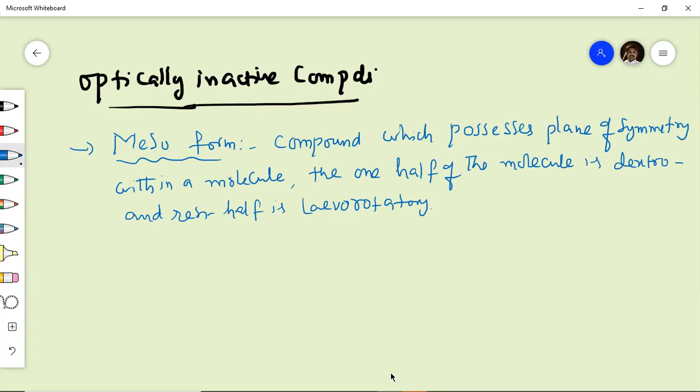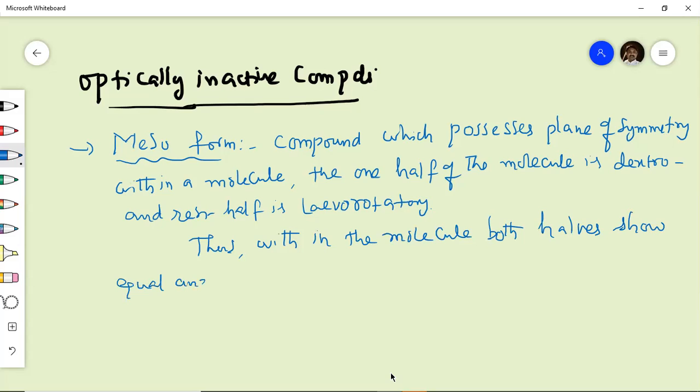Thus, we can understand that within the molecule, both halves show equal and opposite optical activity.